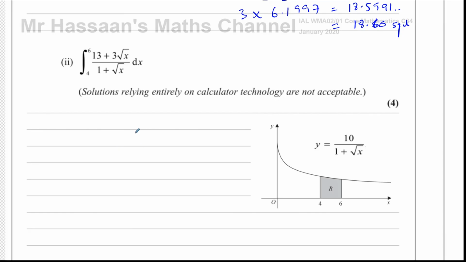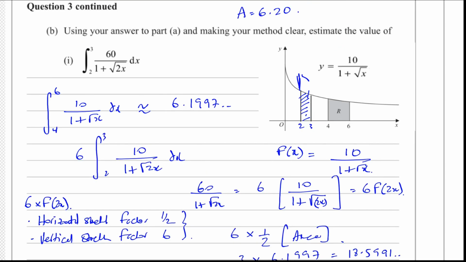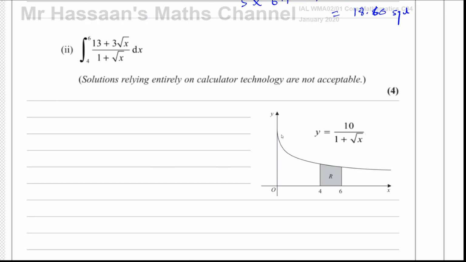Now, for part 2, we have to use the same area. We know that the area is approximately, or we can say, the integral between 6 and 4 of 10 over 1 plus root x with respect to x is equal to, and what was it again?